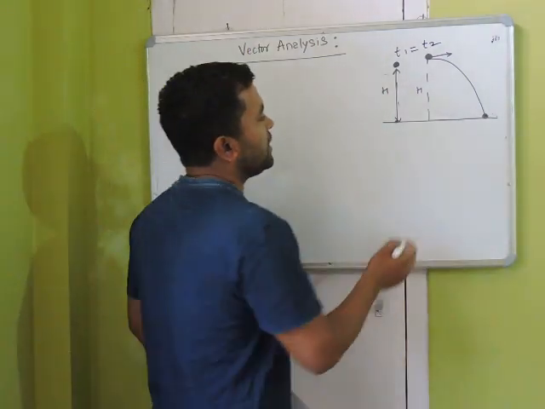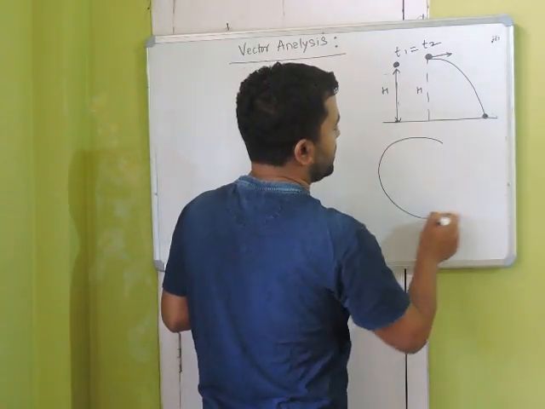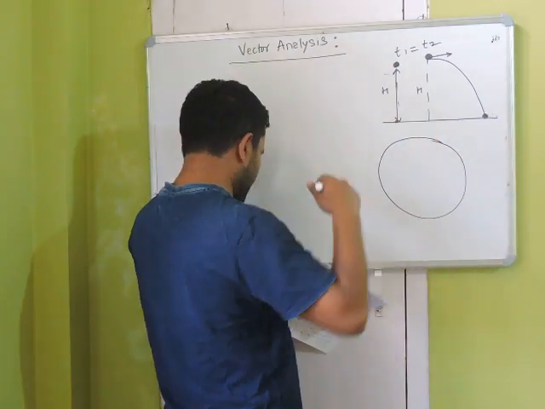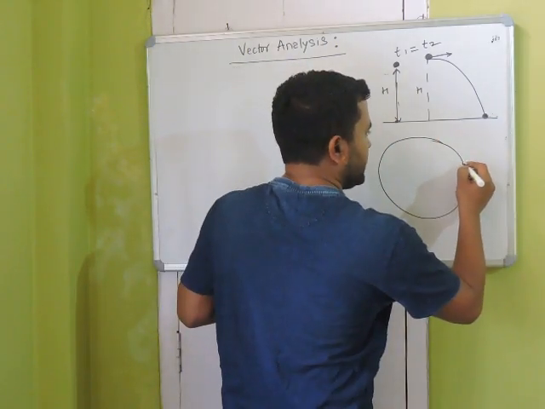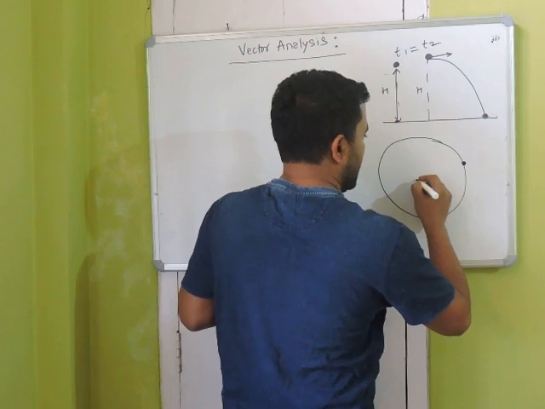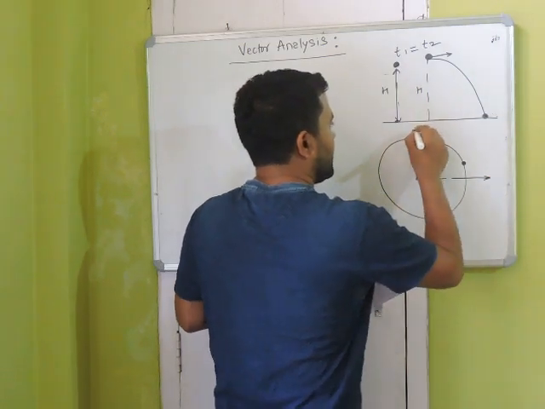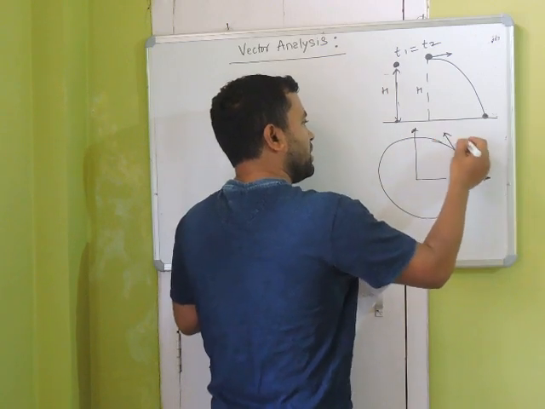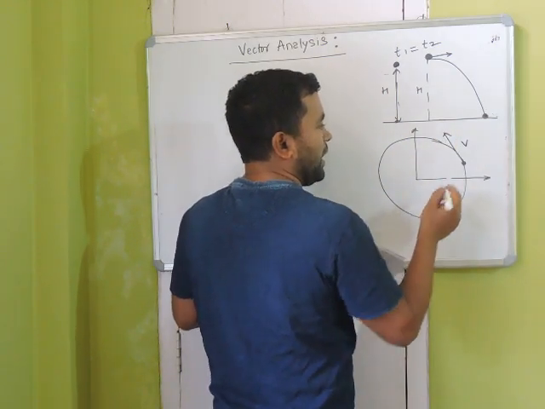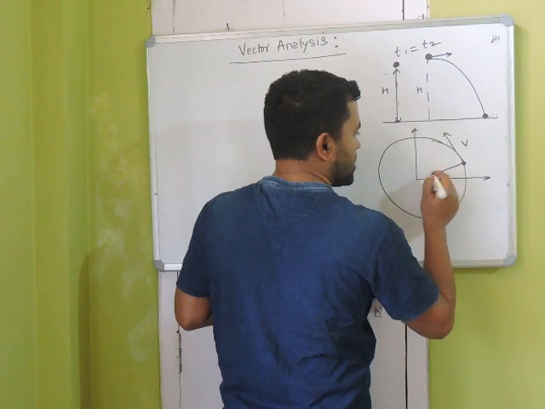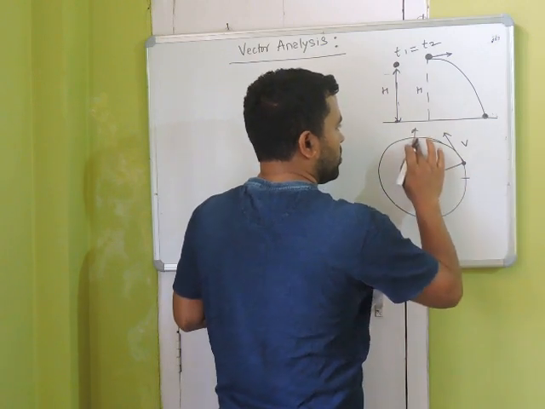One more example is, suppose a body is going in a uniform circular motion, then we say that its velocity is tangential and its acceleration is towards the center.